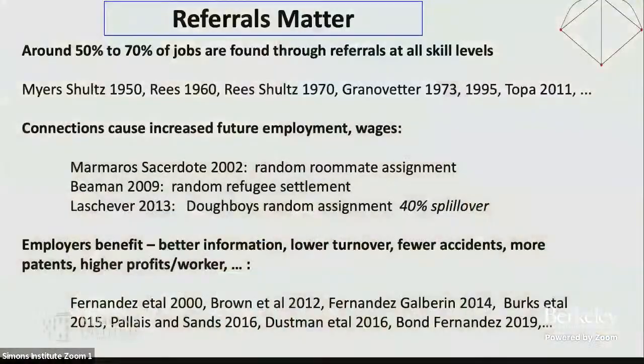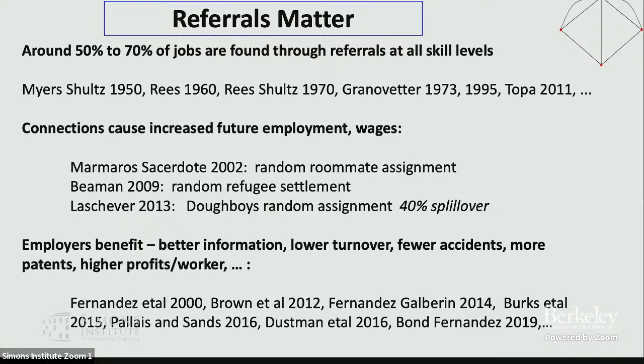Okay, so just in terms of referrals mattering, this is an old literature going back to Myers and Schultz, George Schultz, our former Secretary of State, and Mark Granovetter, famous sociologist. So a lot of people have worked on this topic. It matters, and there's causal inference on this. If you get a random roommate assignment and your roommate has better outcomes, you end up having better outcomes.